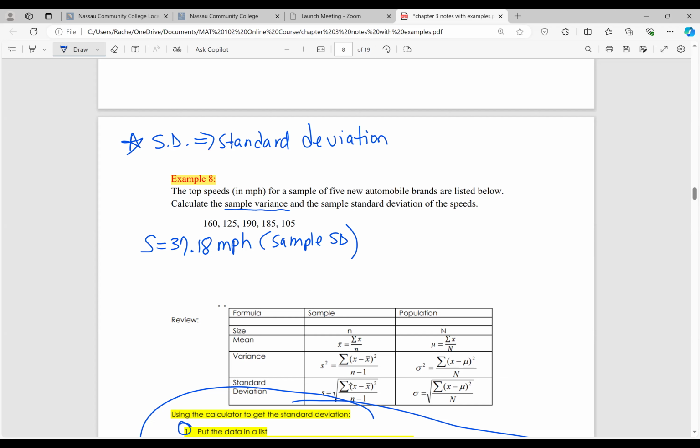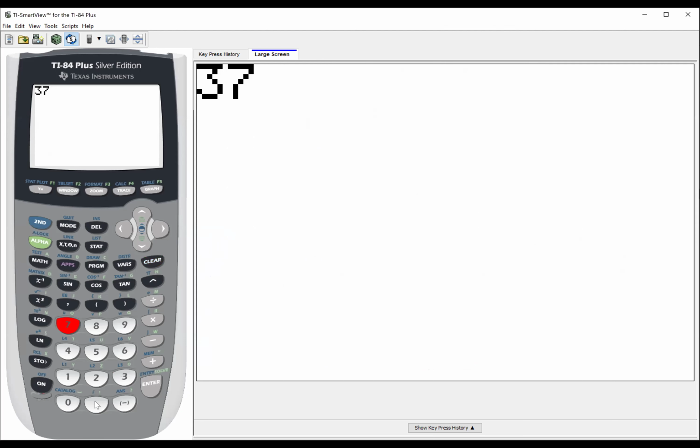Now we also want the sample variance. The calculator's not going to give us the variance, but the relationship between the variance and the standard deviation is that the variance is the standard deviation squared. Remember, variance is in square units. So if we want to calculate S squared, I'm going to take the 37.18 and I'm going to square it. Now your squared key is halfway down the first column.